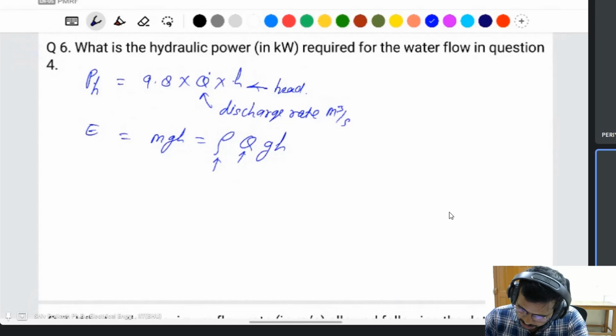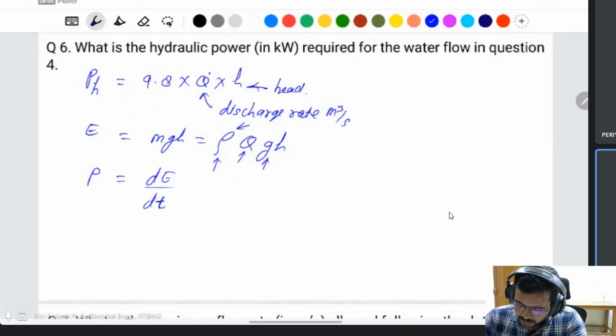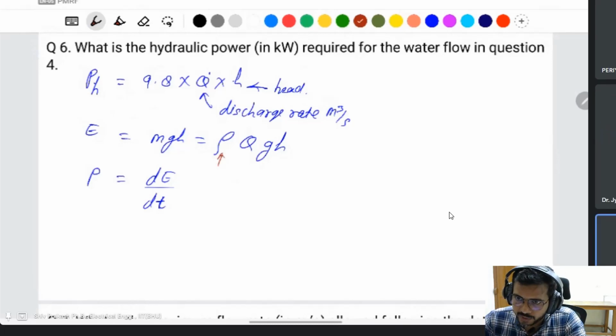But to know about the power, power is dE by dt. Here the density is constant for the water, and gravity is also constant. The water head is also constant. The only variable is the discharge, how much water is discharged from one place to another.